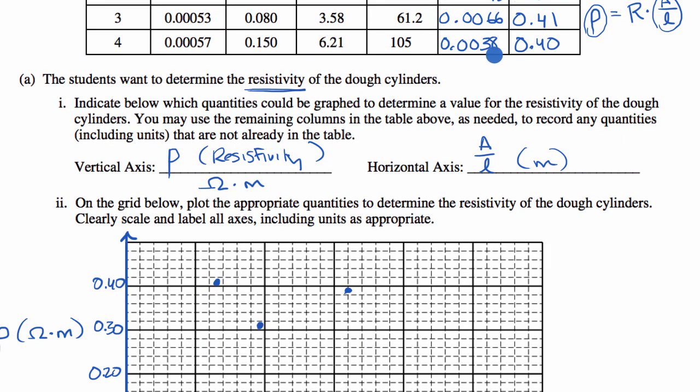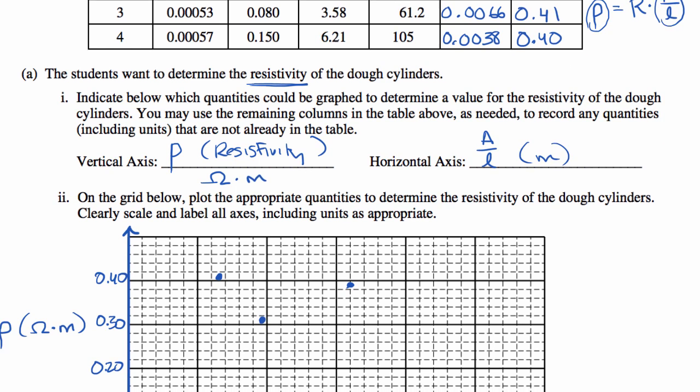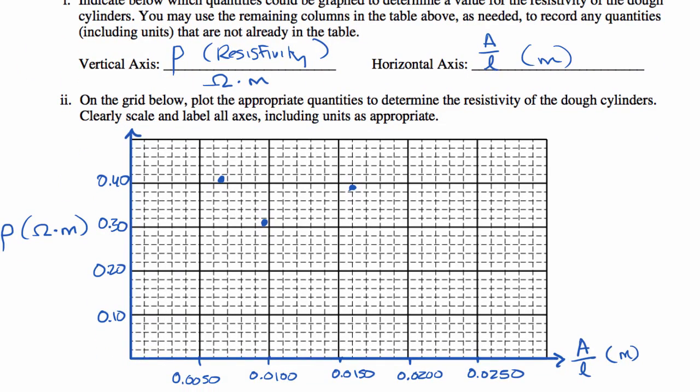And then last but not least, 38 10 thousandths and 0.4. So then we have 38 10 thousandths. So this would be 40, this would be 30, so 38 is like here. And then we go to 40 hundredths, so it is like that. So those are our 4 data points.